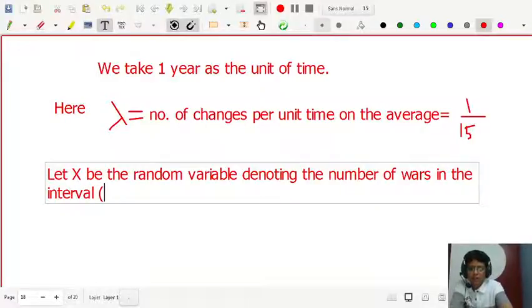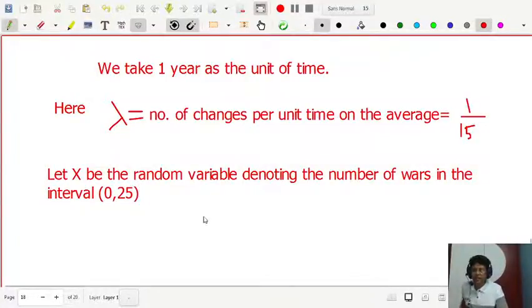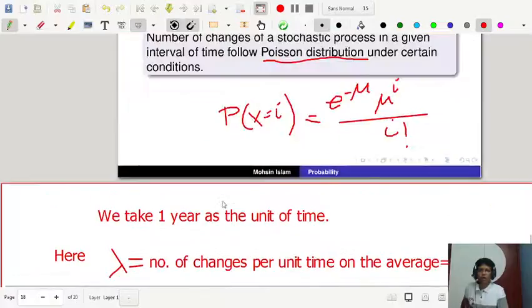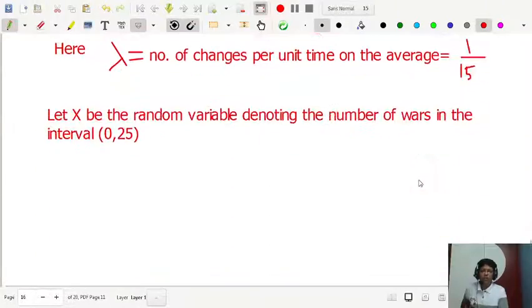What is the interval? 0 to 25. That is the interval, because it says there is no war in 25 years. So it will start from the beginning and end at 25. So your interval is 25 years, 0 to 25. Let X be the random variable denoting the number of wars in the interval 0 to 25.